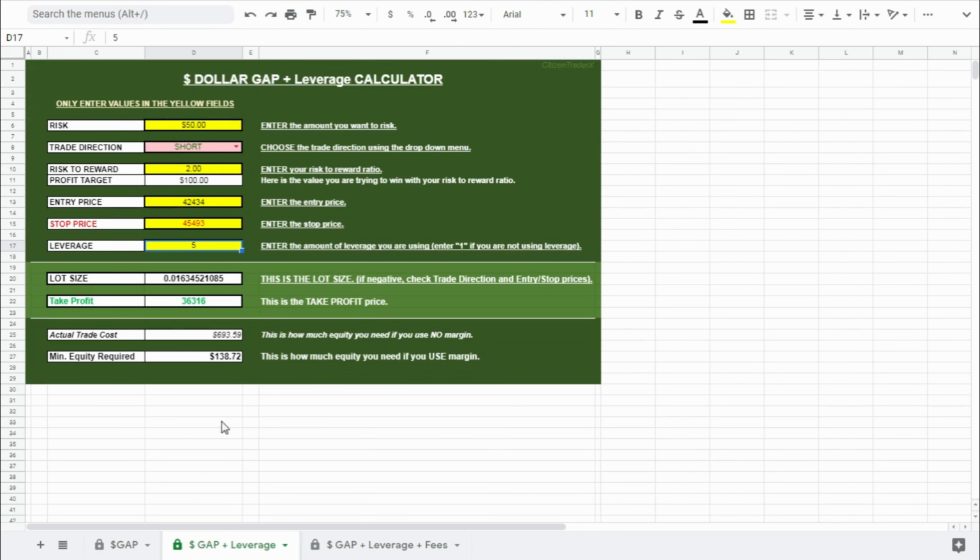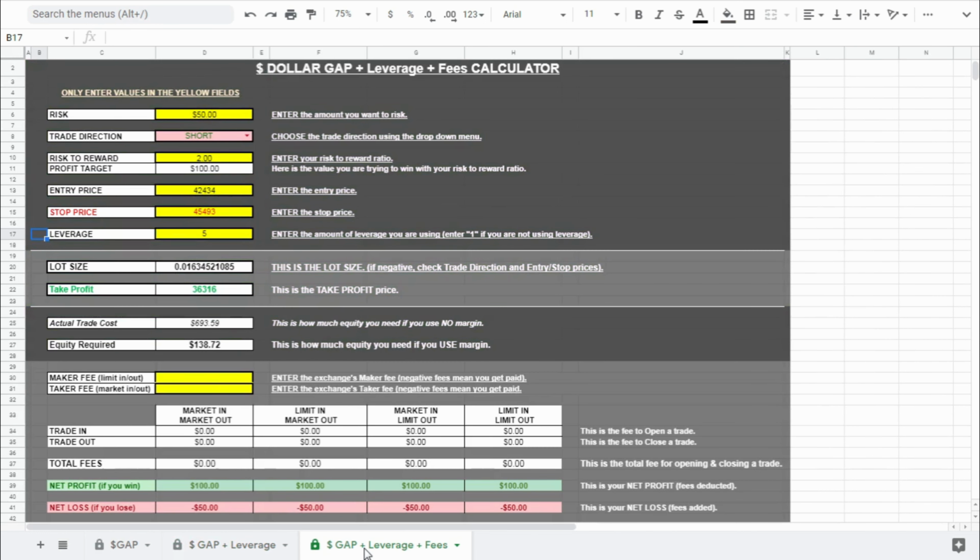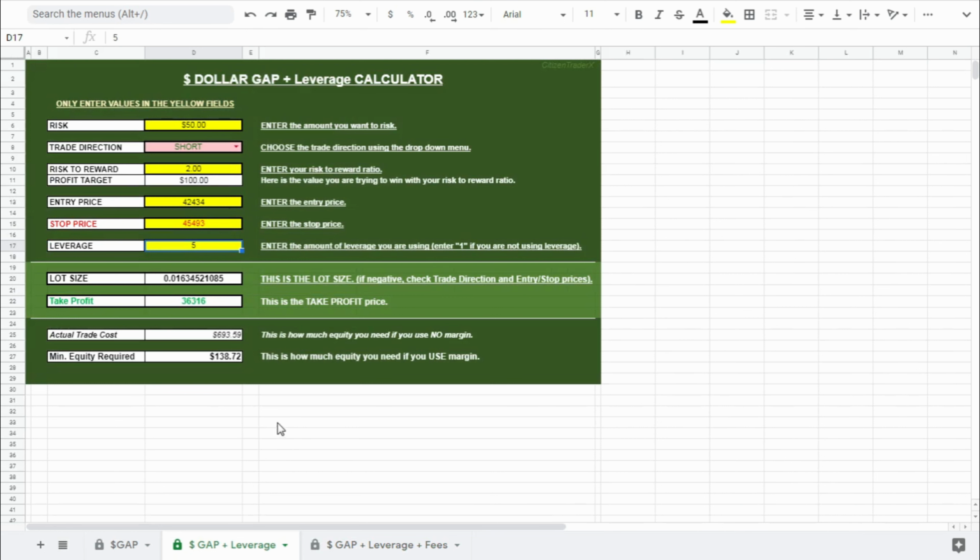Yep. So lot size 0.016, take profit value 36,316. Okay, leverage is the same, leverage is 5.